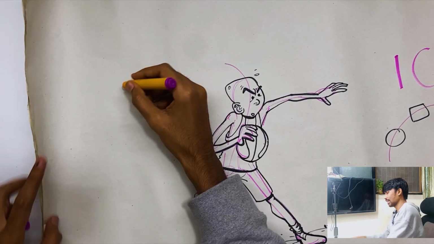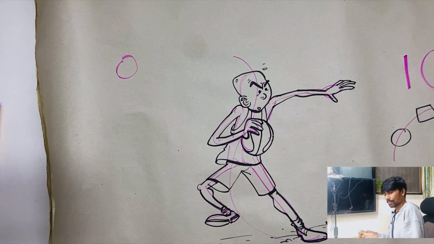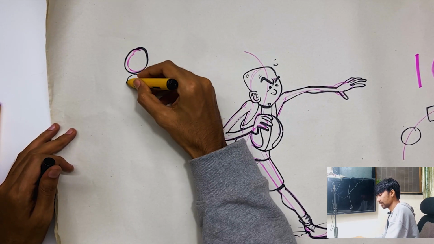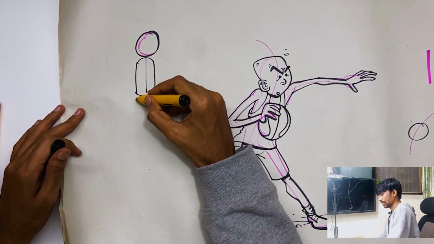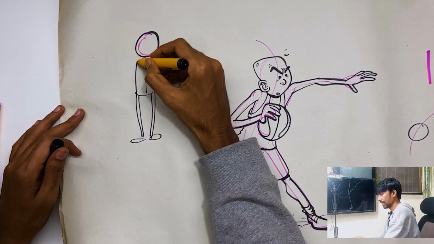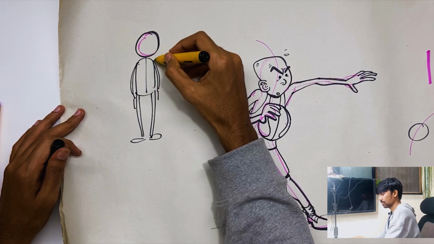Like the head, the head is a circle. If you have a circle like this, you have a torso like this, then you have 2 legs, you have arms.